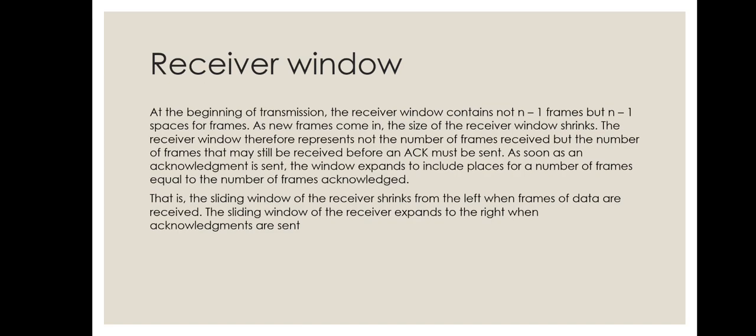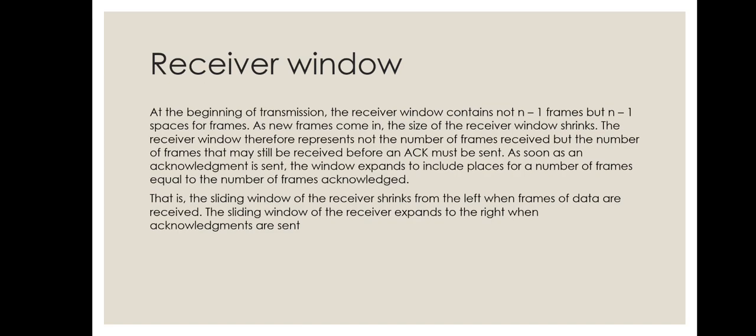Now, from the perspective of the receiver window. At the beginning of transmission, the receiver window contains not n minus 1 frames but space for n minus 1 frames. As new frames come in, the size of the receiver window shrinks.